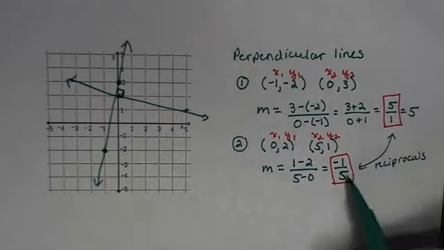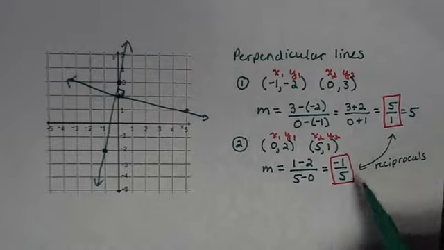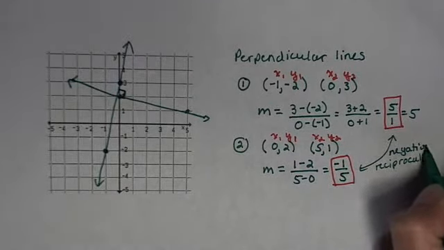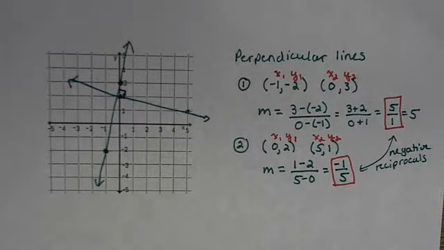But not only are they reciprocals, but notice one is positive and one is negative. So we can say that they are negative reciprocals of each other. And that would be the simple way of talking about that.